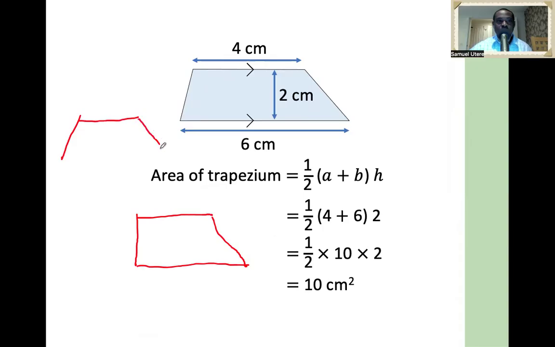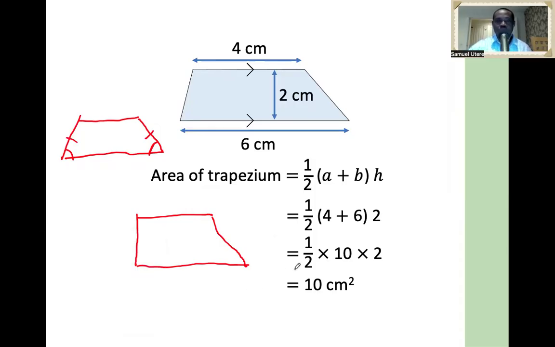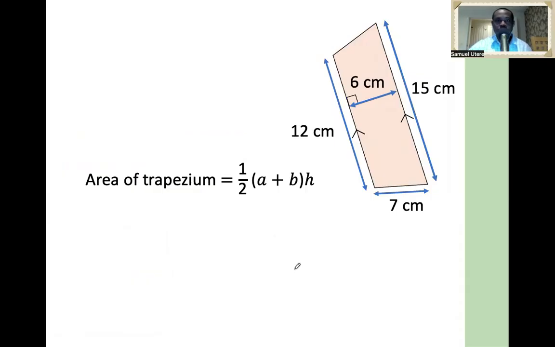What does that mean? It means that this side is of the same length as this side, and this angle is the same angle as that angle. So we call that an isosceles trapezium. I just think you should know about it because you're going to see different forms of trapezium as we go along.